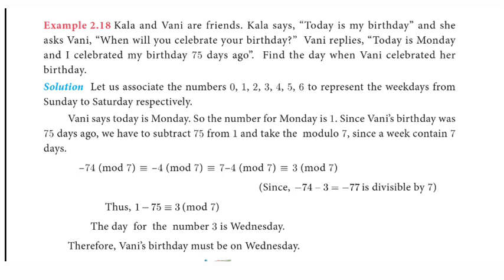Therefore, minus 74 minus 3 equals minus 77, which is divisible by 7. Thus 1 minus 75 is congruent to 3 mod 7. The day for the number 3 is Wednesday. Therefore, Vani's birthday must be on Wednesday.